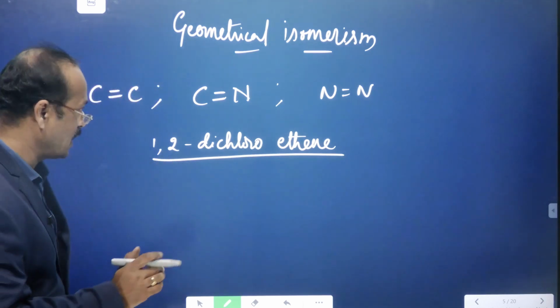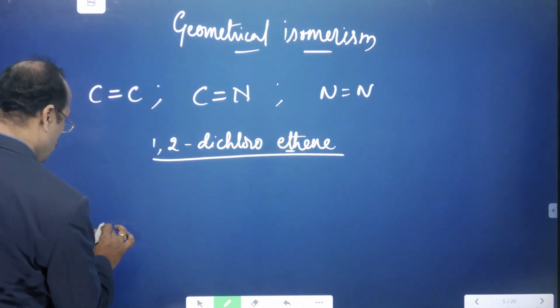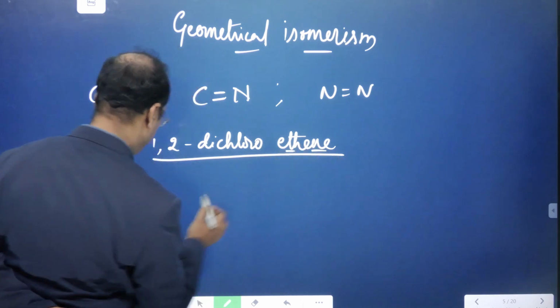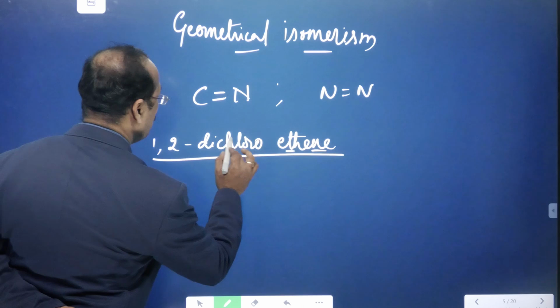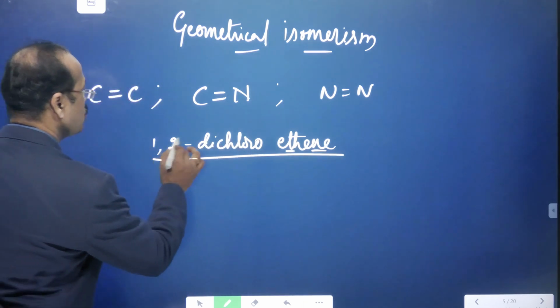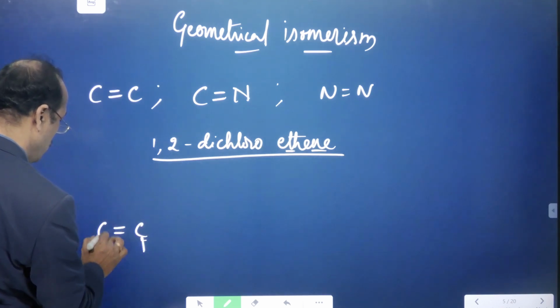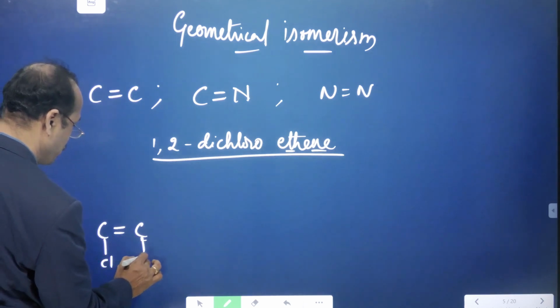Eth means two carbons, so I'll write two carbons. Ene means double bond. Now 1,2-dichloro: this is the first carbon and this is the second carbon. So putting chlorine on each.